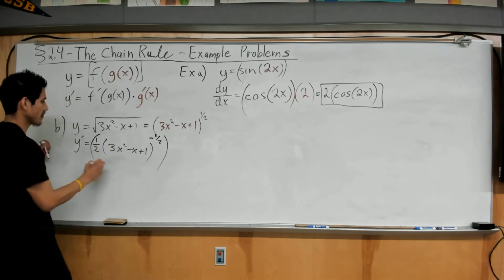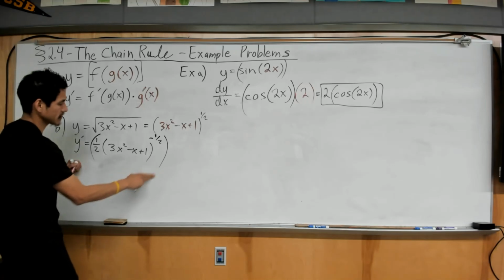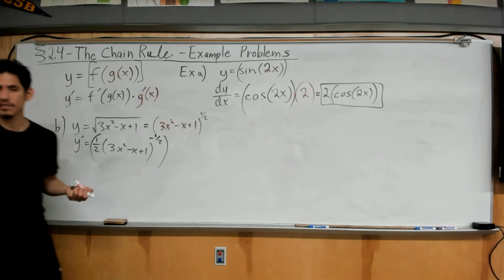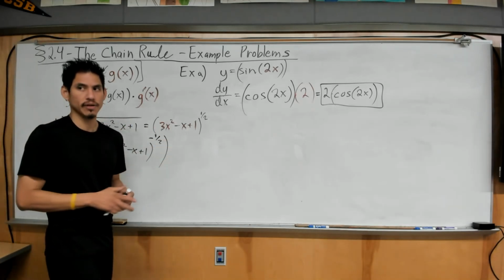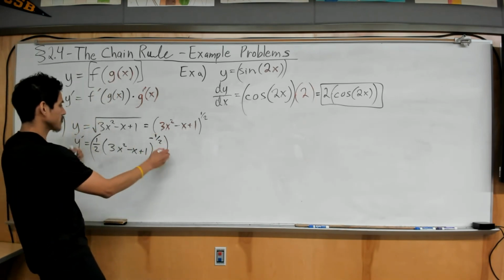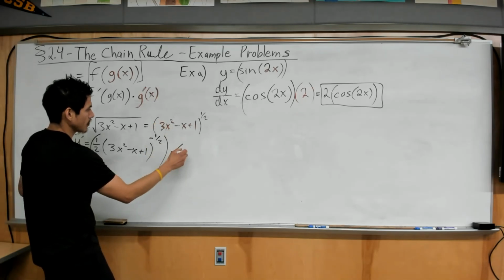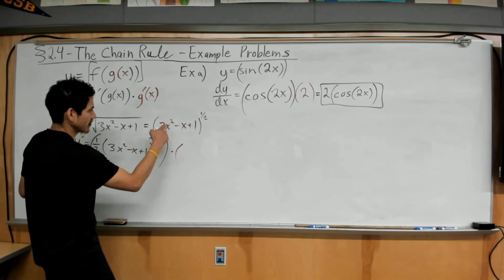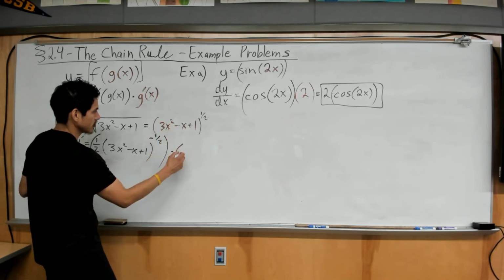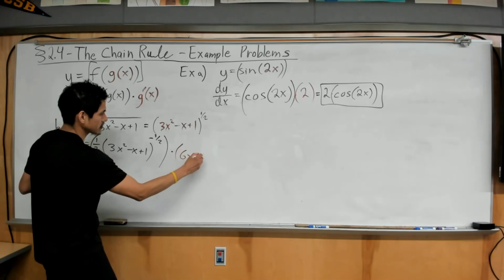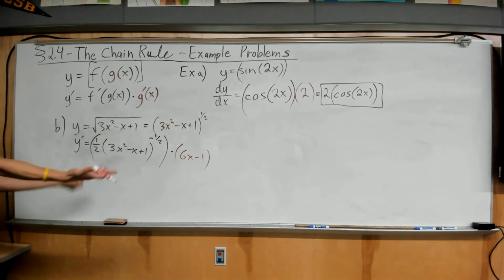It may not be necessary here, it's not ever really necessary, but it helps you see it and understand it better. Now we multiply this whole thing by the red, the derivative of 3x squared minus x plus 1, which is 6x minus 1. And that's really the main answer.